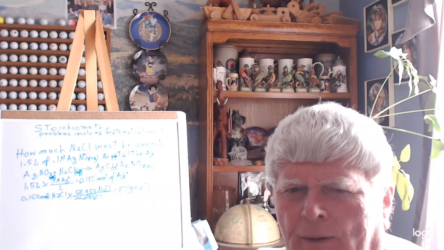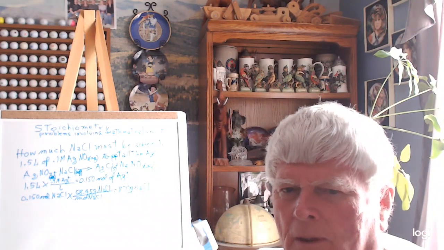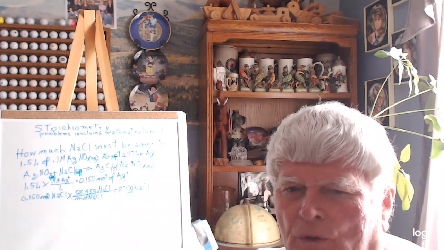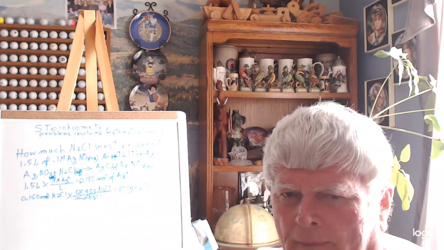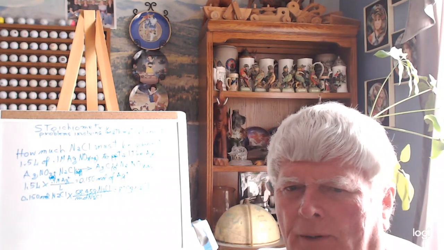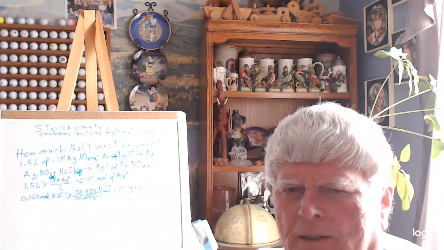Get yourself a periodic table available. So you've got a couple, 3 charts and a periodic table that you should have at hand. Now, if you go out and get yourself a used chemistry book, you might be able to not download the periodic table because they all have a periodic table in them. But I recommend you have one available. That way you can get the atomic masses easily.